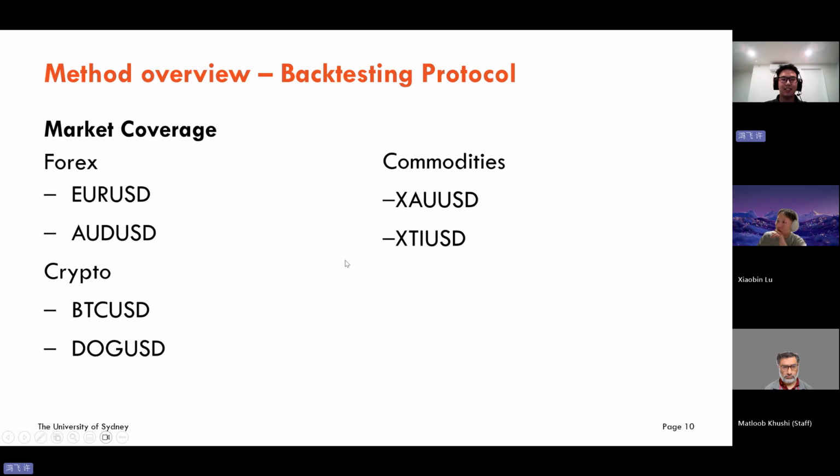So there are quite different markets. When I was doing my backtesting, some parameters would work in one market like Euro USD, but when I apply them to Bitcoin or Dow USD, it will not even trade. So this is quite different.